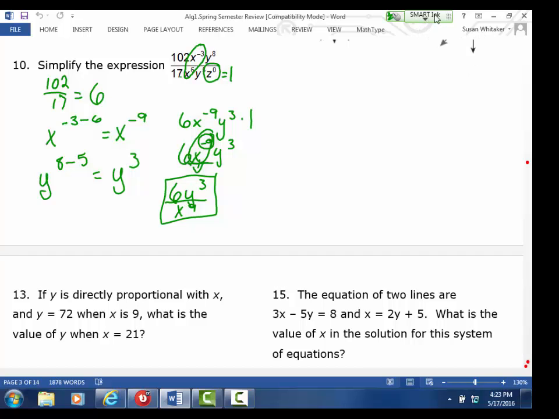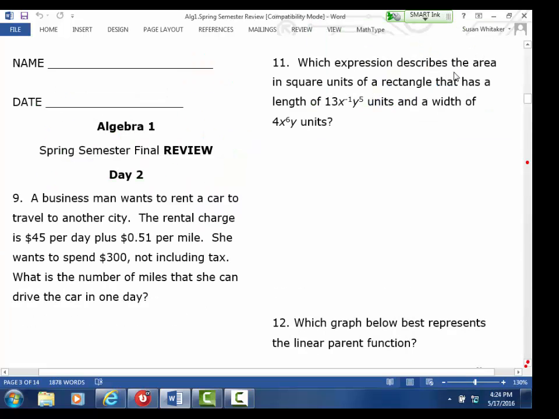Alrighty, moving on. Which expression describes the area in square units of a rectangle that has a length of 13x to the negative 1 y to the 5th units and a width of 4x to the 6th y units? Alright, let's see. Area of a rectangle is found by multiplying the length times the width.